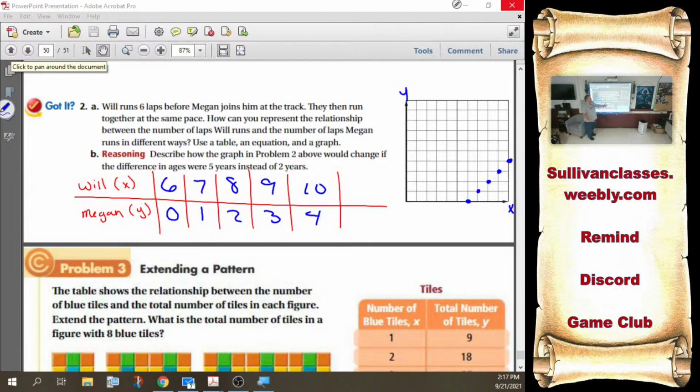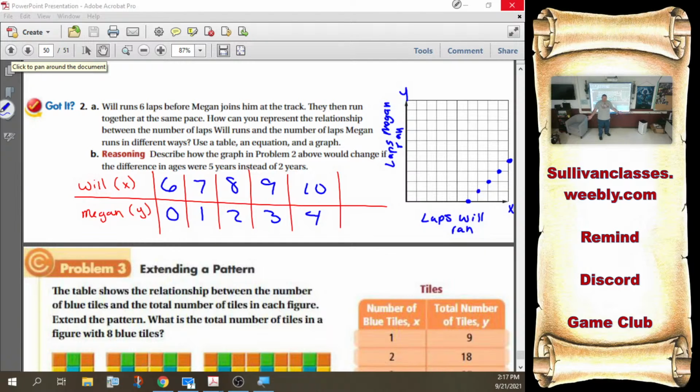Labels matter, so please make sure you put the labels on here. This is laps Will ran. This is laps Megan ran. Hey, I don't see any numbers on here. How do I know that this is 6, 0 and not 120, 0?